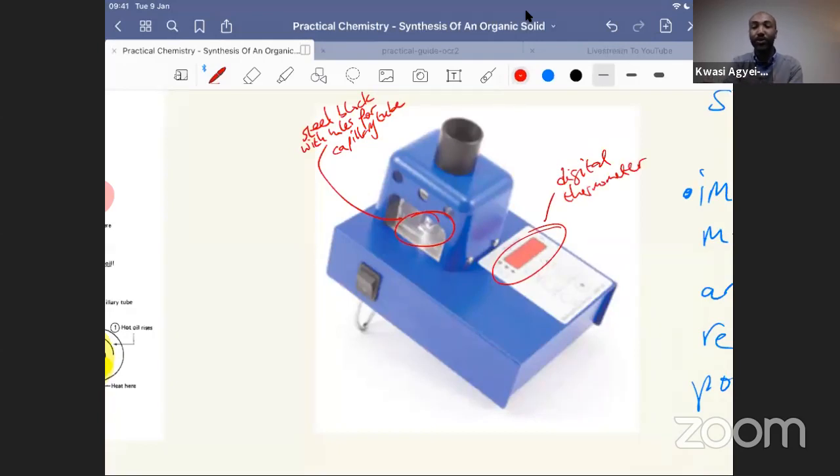That digital readout tells you what temperature your steel block is at, and then up here is your viewer, your eyepiece for viewing your sample, a bit like a microscope.